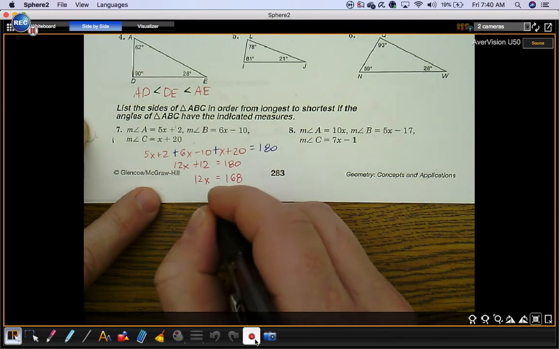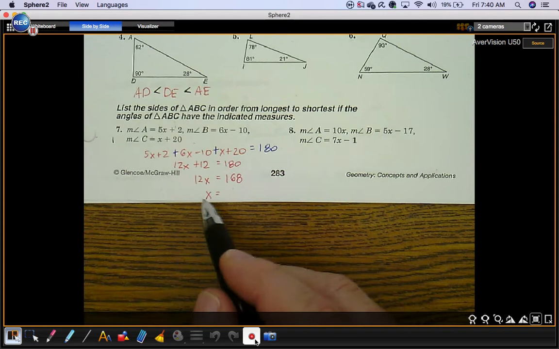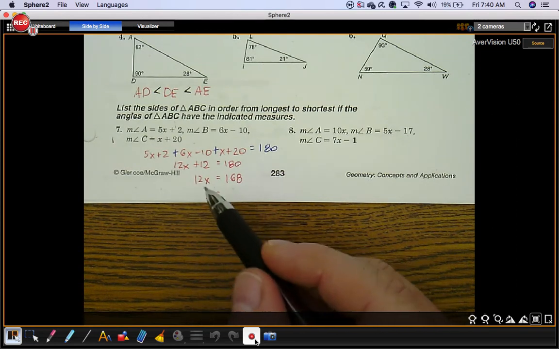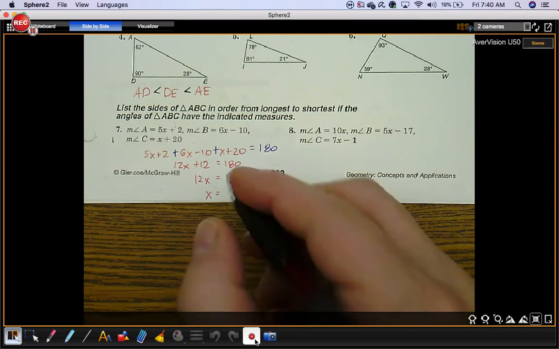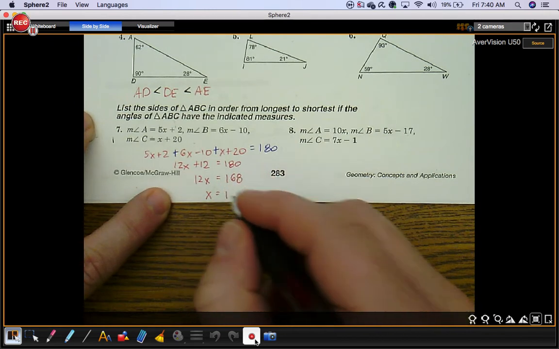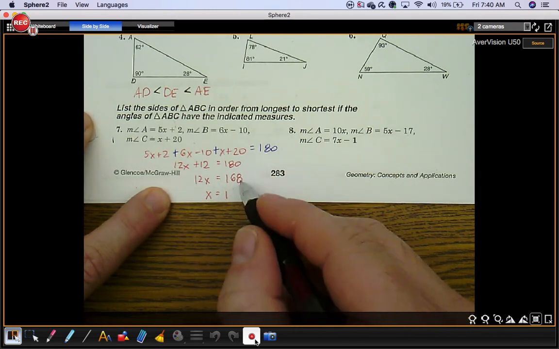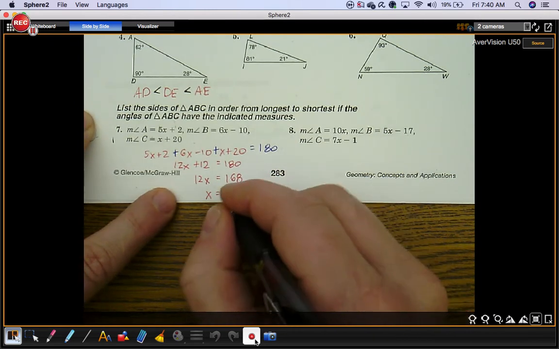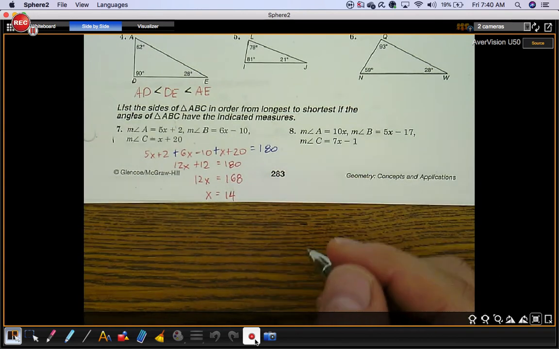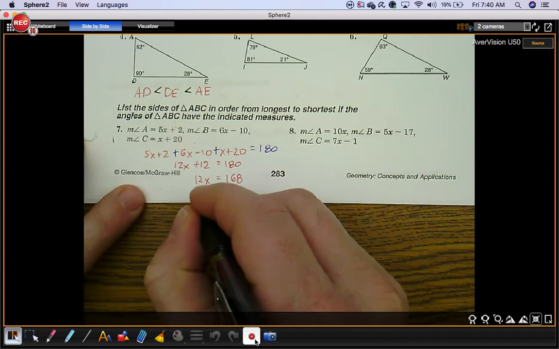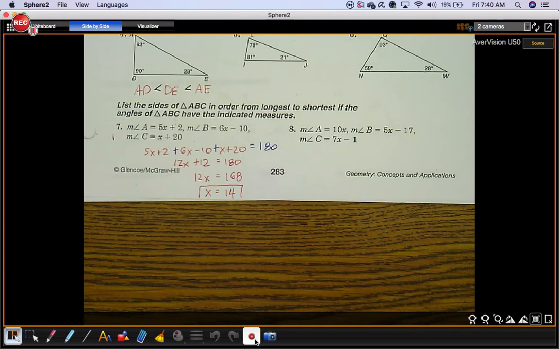And then we'll divide by 12. How many times does 12 go into 168? 12 goes into 16 one time with 4 left over. Bring the 8 down. How many times does 12 go into 48? 4 times. So that's your value of x.